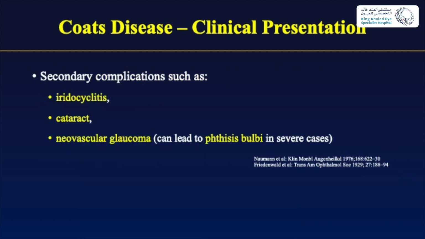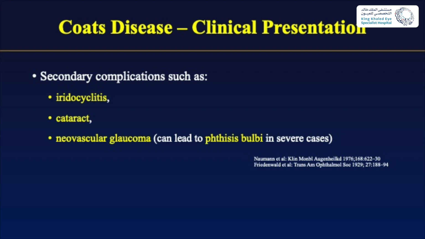Secondary complications such as iridocyclitis, cataract, neovascular glaucoma that can lead to phthisis bulbi can complicate Coats disease. In Coats disease, glaucoma might occur as a result of two mechanisms. The first one is the neovascular glaucoma, which is the anterior pulling mechanism. The fibrovascular membrane at the angle will contract, then will occlude the angle.